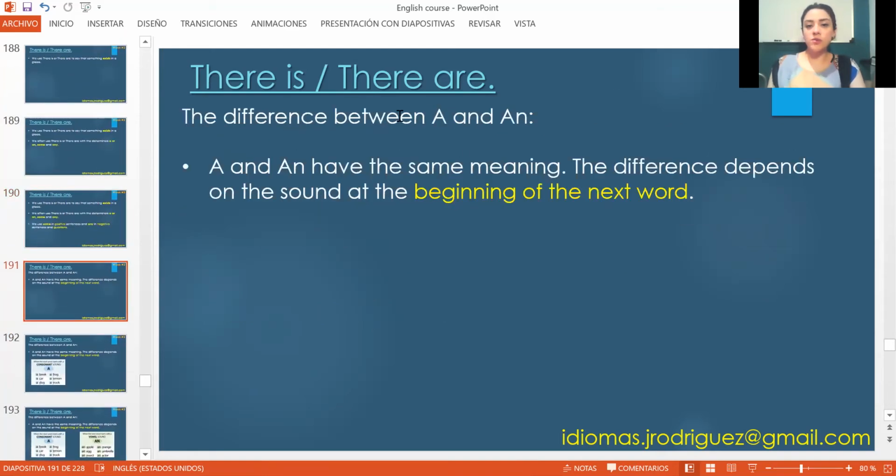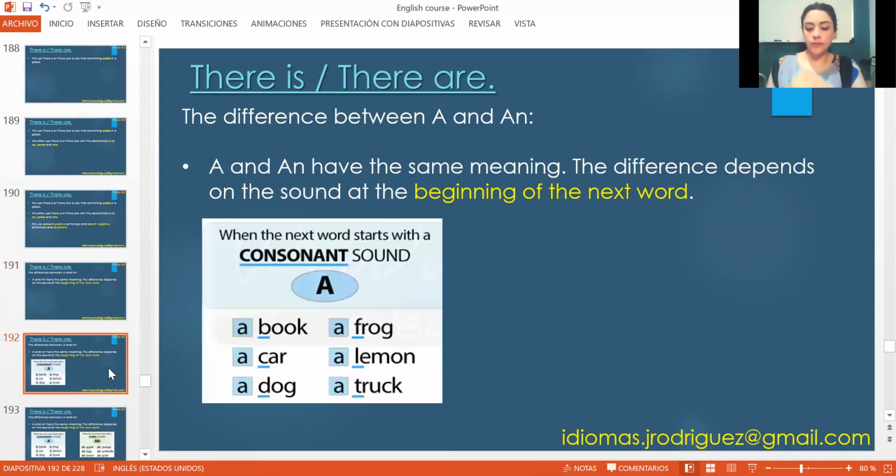What's the difference between a or an? The meaning of a and an is the same, but the difference depends on the sound at the beginning of the next word. Ok, checamos que el significado de a y an es prácticamente el mismo, pero la utilización va a cambiar según el principio de la siguiente palabra. Por ejemplo, when the next word starts with a consonant sound.